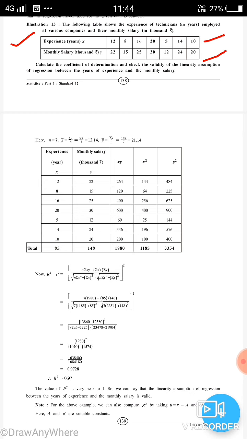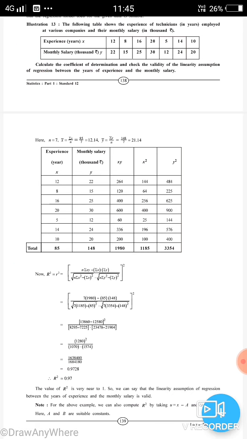After this, a table is given. Calculate the coefficient of determination, so we have to apply this formula R square. Check the validity of the linearity assumption of regression between the years of experience and monthly salary, right?